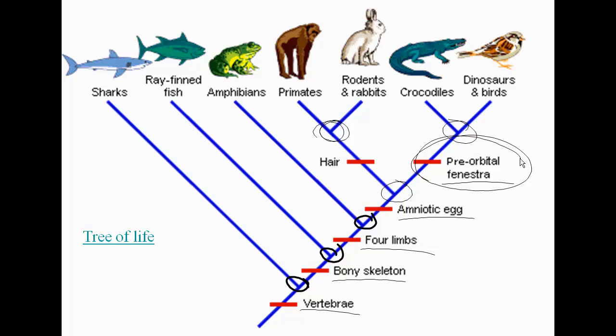So we didn't need to put preorbital fenestra on there. We could have put some other characteristic, like two eyes, or opposable thumbs. These don't necessarily show level of evolution; they show similarities in characteristics.